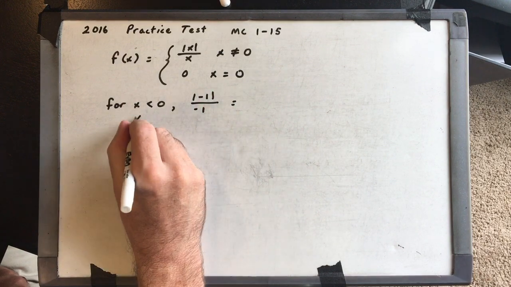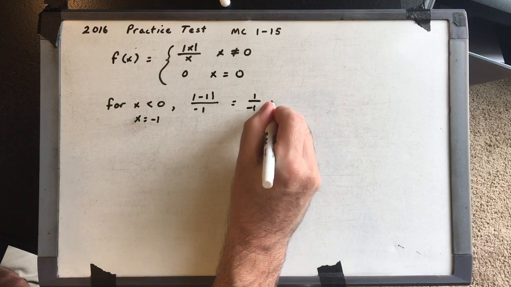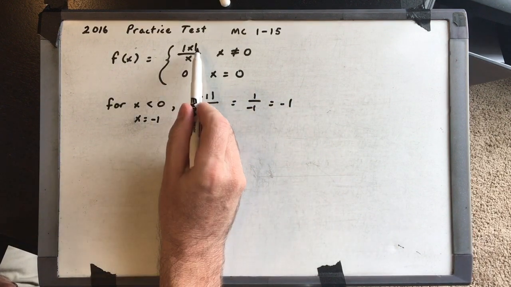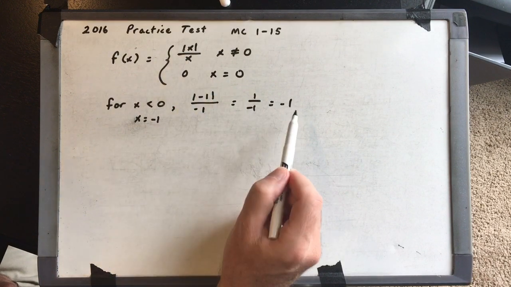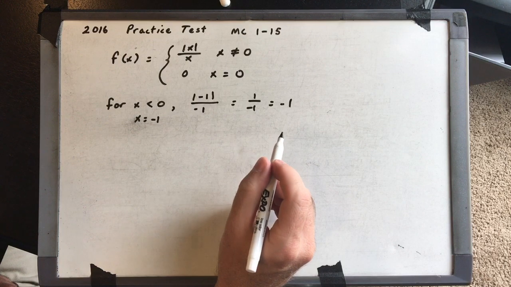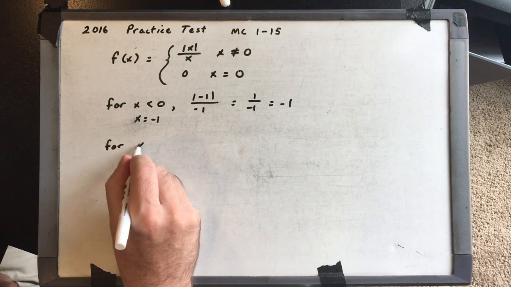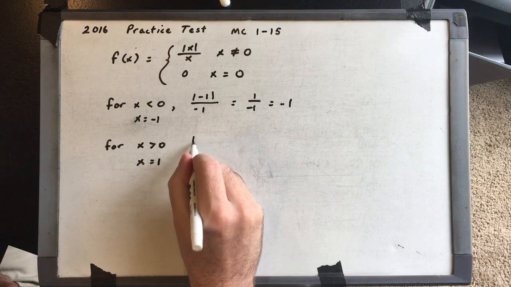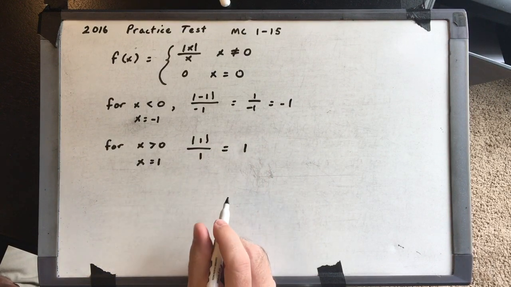So in this one, we're picking x equals -1 to try. That's going to be 1 over -1, which is -1. That's going to be true for any value. So you'd have -5, absolute value of -5 over -5 would still be -1. And for when x is greater than 0, let's just pick x equal to 1. Then you're going to have the absolute value of 1 over 1, which is 1.